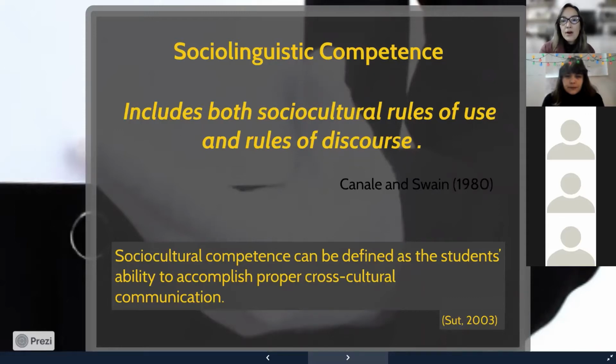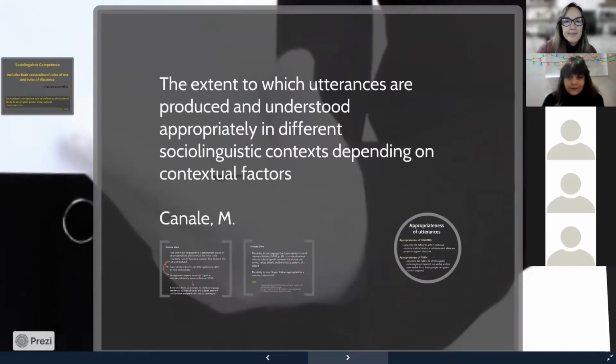This competence is very closely related to intercultural competence, which is another competence that we're going to discuss after winter holidays, okay? We are going to see why they are so closely related, but maybe with what we discussed today, you will also guess why or see why.